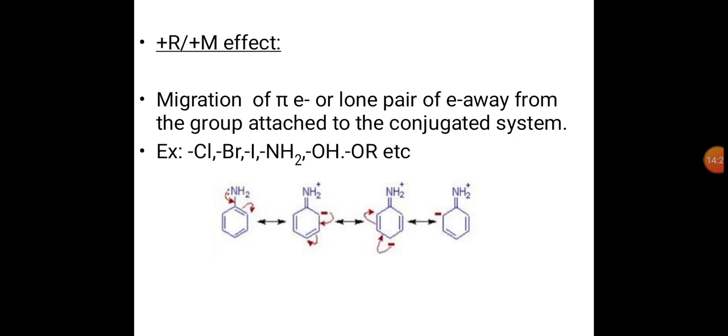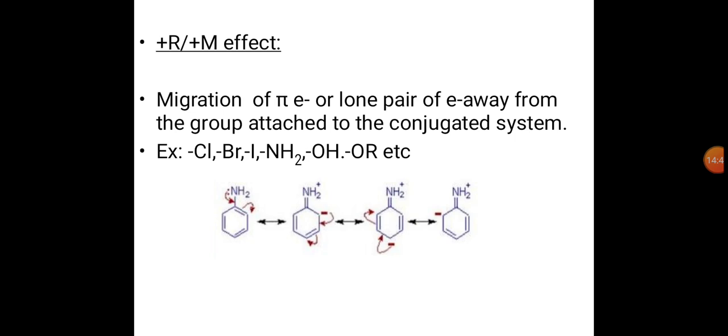Example in case of benzene. Right? So, the best example we have to study here is aminobenzene. This is C6H5NH2, or an amine group, NH2 group, attached to benzene ring.